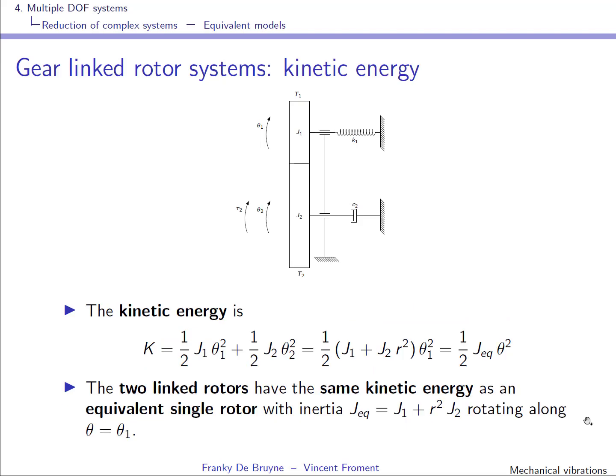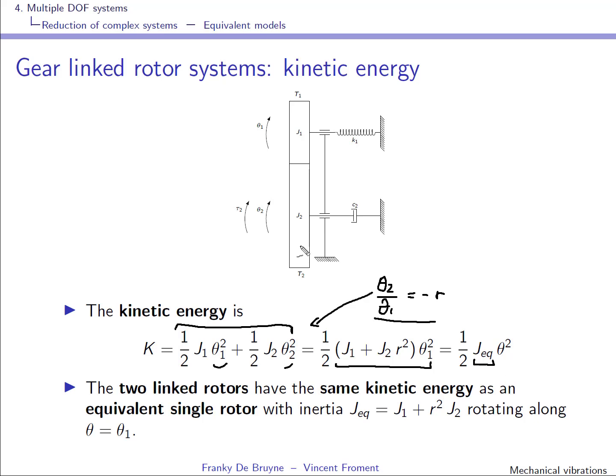The kinetic energy of the total system can be written first as a function of the two variables, theta 1 and theta 2, and you obtain this expression here. You know that theta 2 and theta 1 are linked, and theta 2 over theta 1 is equal to minus r. You plug this relation in here and you obtain this relation, and we now have an equivalent moment of inertia.